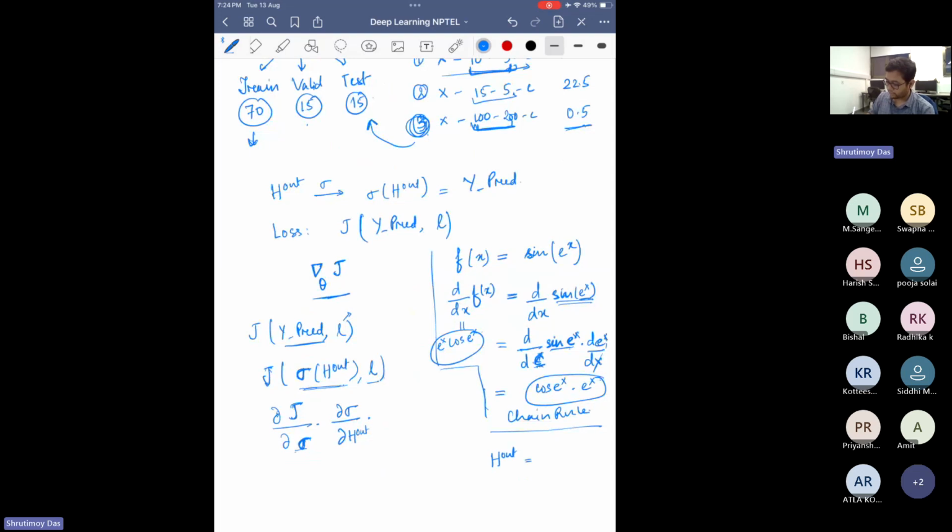H out was some other activation, say, let me say that the sigma activation is sigma 1. So sigma 1 and sigma are very different things. So this was sigma 1 of H2, right? So now what will be the rate of change of H out with respect to what? So what will come here?